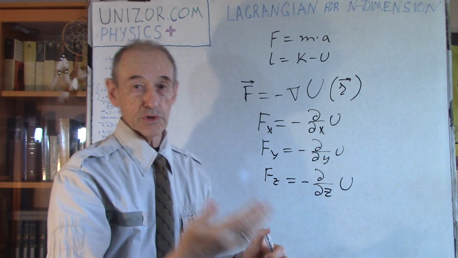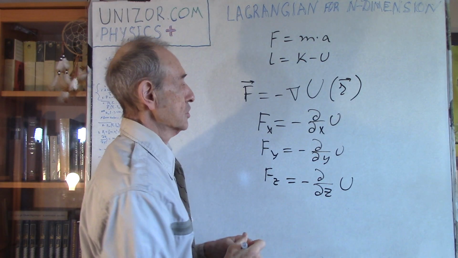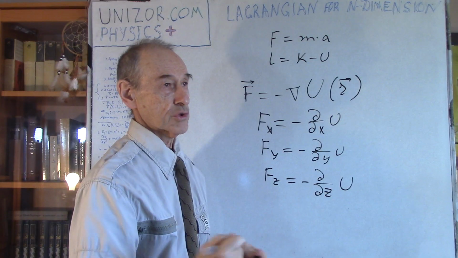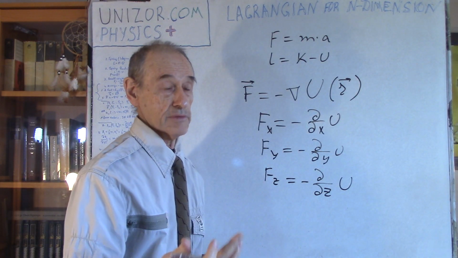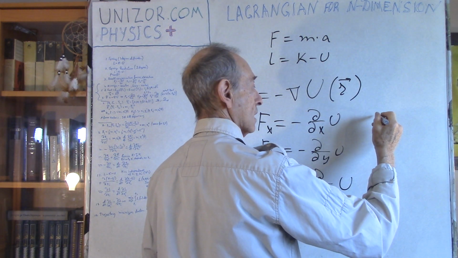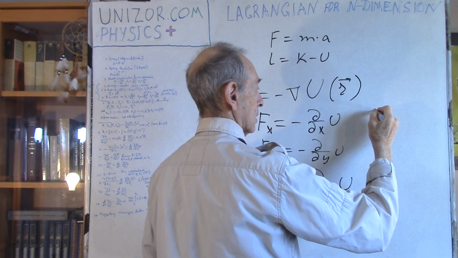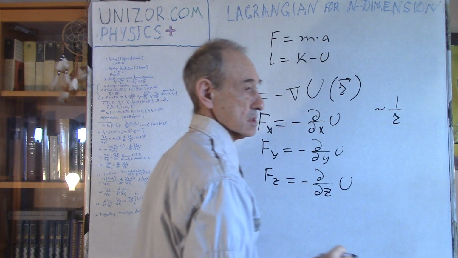If it's a field, for example, that's the potential of the field, which is related to the distance. Let's say if it's a gravitation field of one particular source, then it's proportional to 1 over distance to the source.